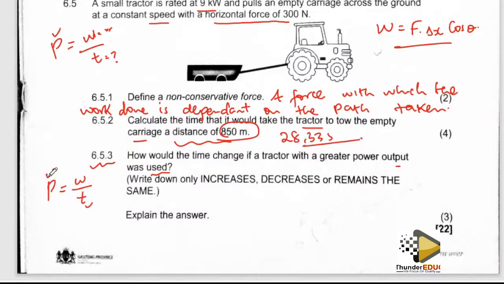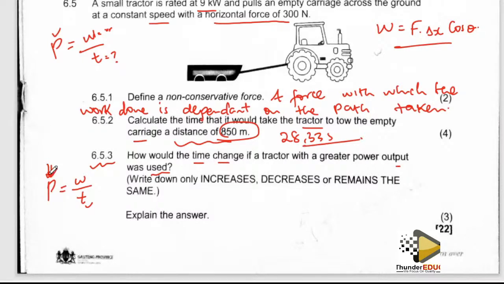If the power is more, the time taken is going to be smaller. And if the power is less, then there's a lot of time that's going to be wasted. So how would the time change if the tractor had greater power?